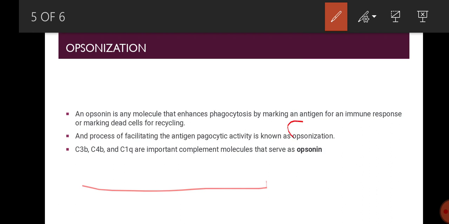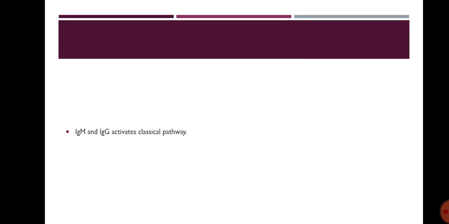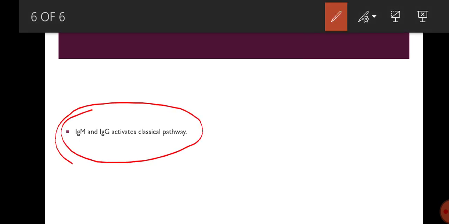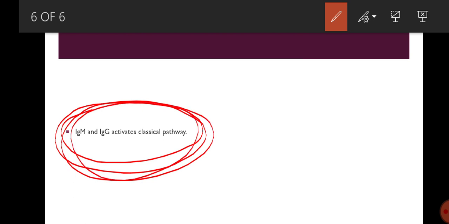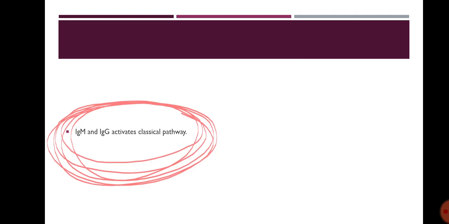Such a process is known as opsonization. In case of the classical pathway, we have seen C3b, C4b, and C1q as the opsonins. I have told you in the first slide that IgM and IgG are the two antibodies which will start the classical pathway. So it was the classical pathway.